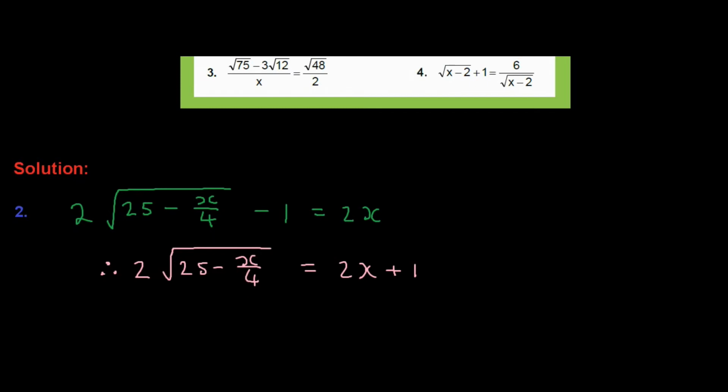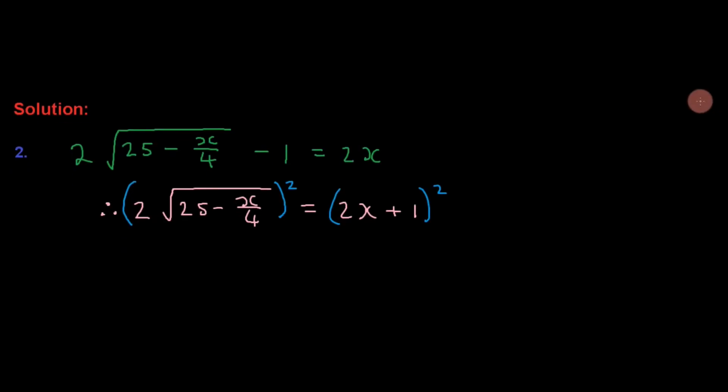So at this stage, we can square the whole of the left-hand side together with the right-hand side in order to eliminate the square root here. So then on the left-hand side, we're going to get 4 into 25 minus x over 4. In other words, the square root falls away on the left-hand side.